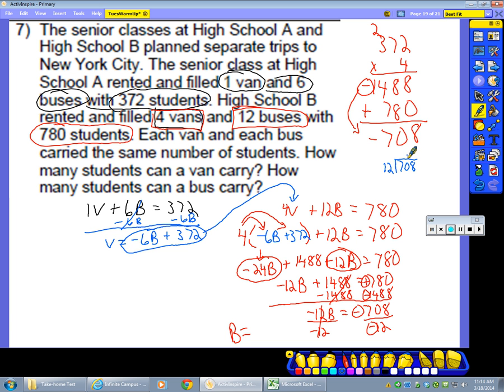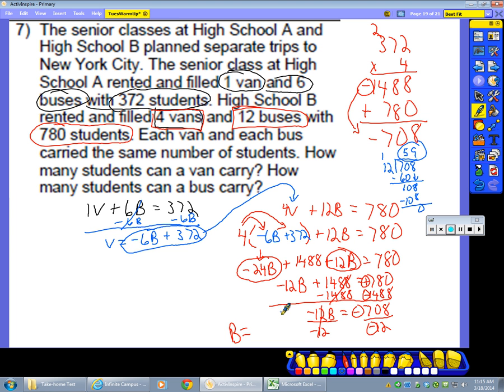Let's try 5. 5 times 12 is 60, so I got 10 left over. Bring down my 8. 12 will go into 108 nine times. 9 times 2 is 18, carry your 1. 9 times 1 is 9 plus 1 is 10. So it works out perfect.